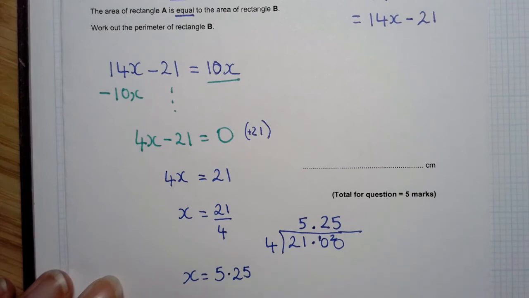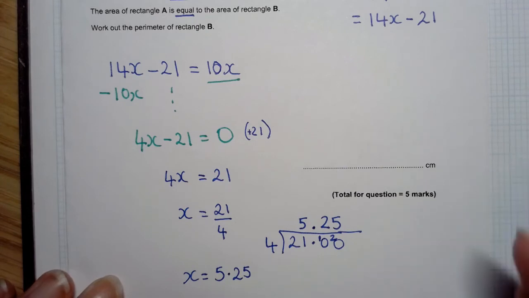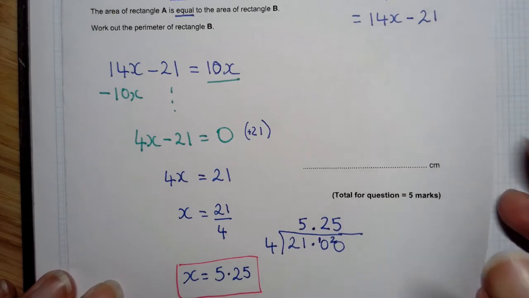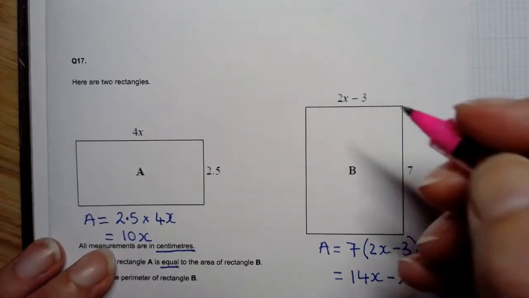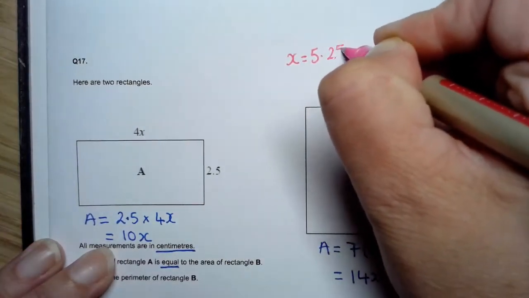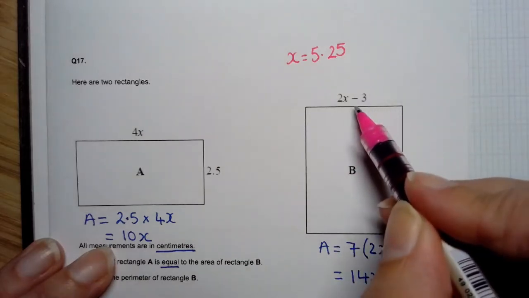So now we know a value of x, we can work out a perimeter of rectangle B because it helps us find the actual side length that we don't currently know. So we're going to use this 5.25 and go back to this shape. So I know that x is 5.25. I know that this side length is 2x minus 3.